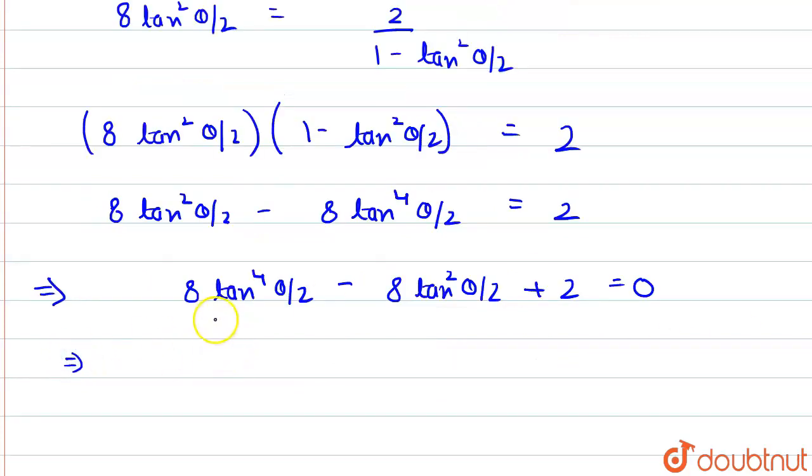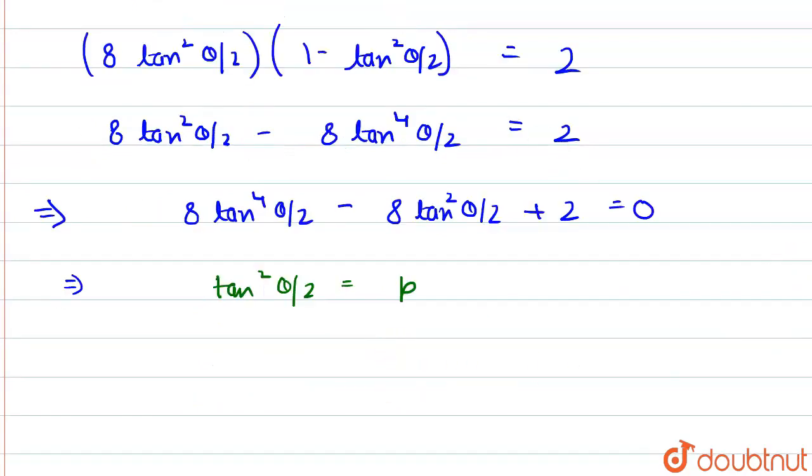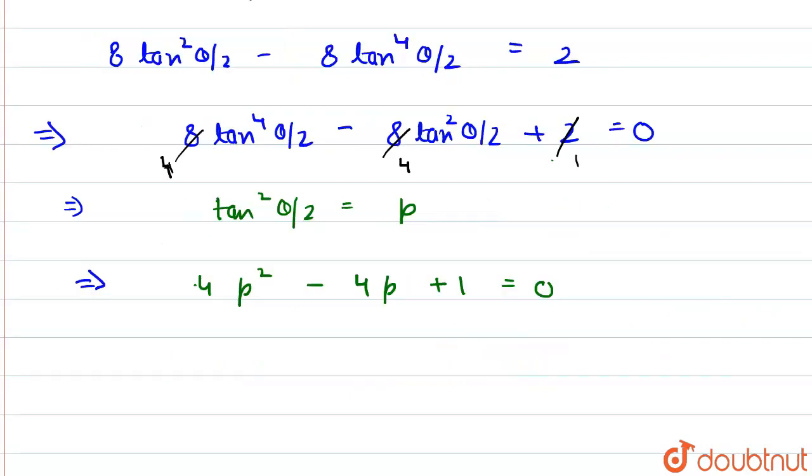Now if I take tan square theta by 2 equal to p, we can write this as 8, and if I cancel, I can write this as 1, this as 4 and this as 4, right? Now we will get 4 p square minus 4 p plus 1 equal to 0, right?